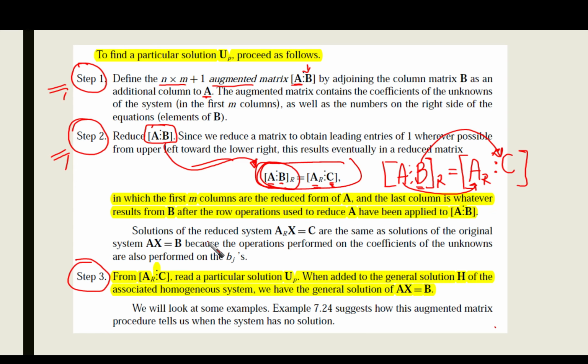Solutions of the reduced system AR x equal C are the same as solutions of the original system. This is the main idea here. So this system, ARX equal to C, has the same solution as the original system, which is AX equal B. Then this is a non-homogeneous system and this is a non-homogeneous system.